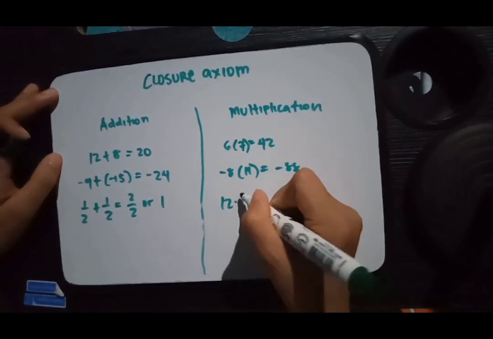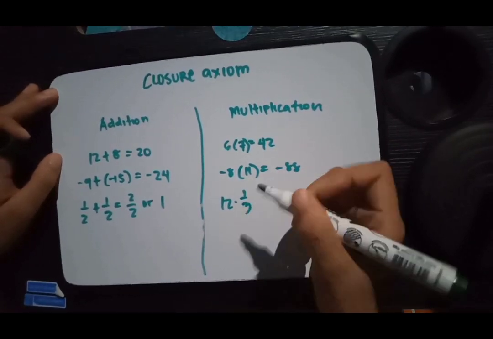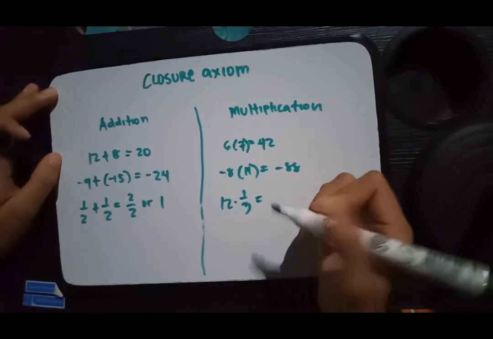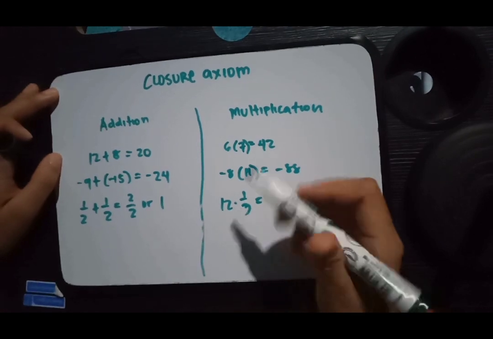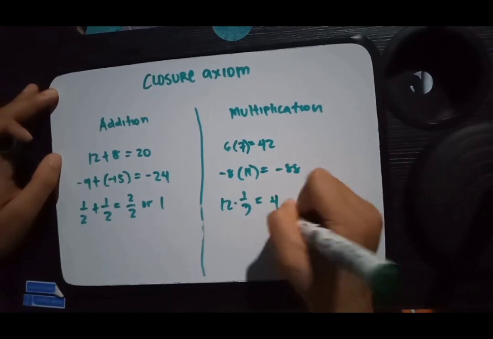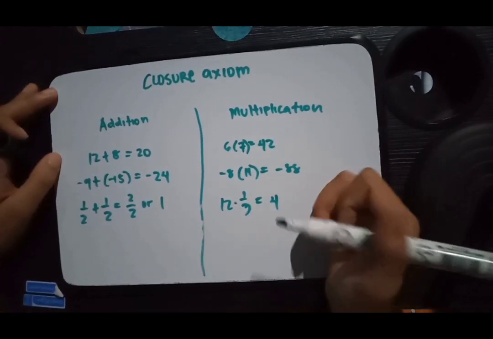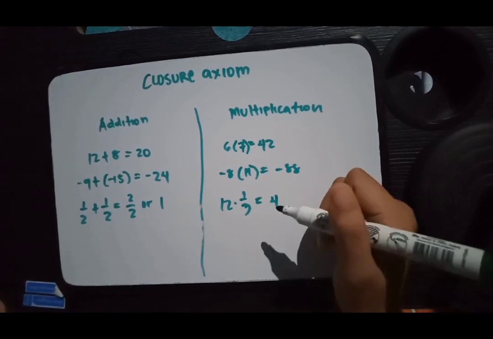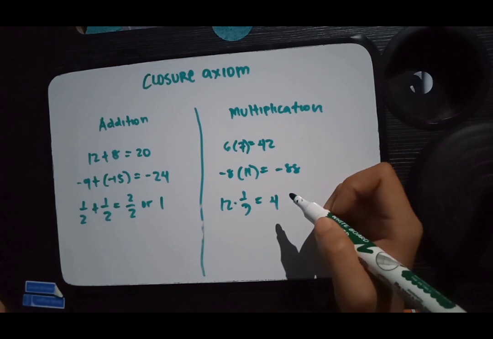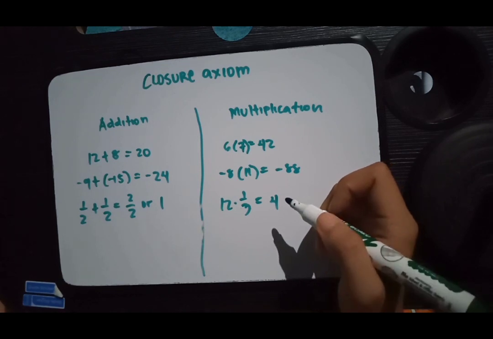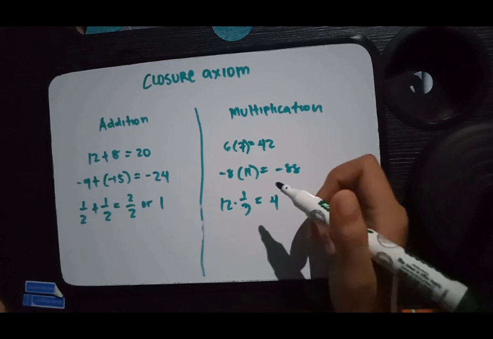Another example is 12 times 1/3. 12 times 1 is 12, divided by 3 is 4. So that is the closure axiom. In the closure axiom of addition and multiplication, we only have to simplify.